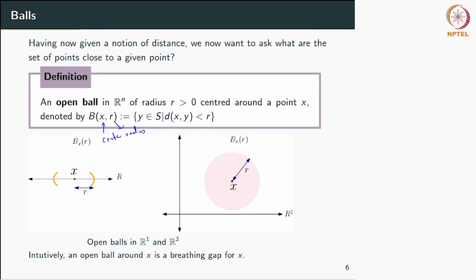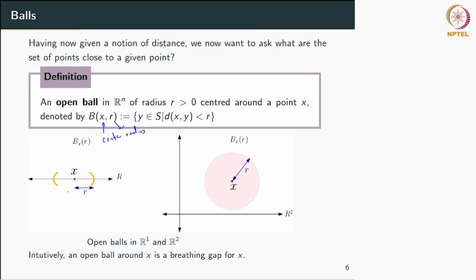It consists of all points y in the Rn space such that the distance between x and y is strictly less than r. We call such a set the open ball with center x and radius r.